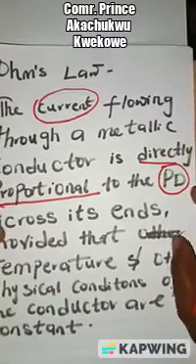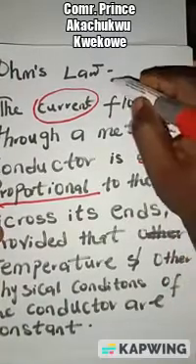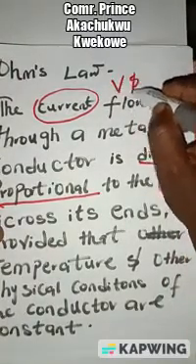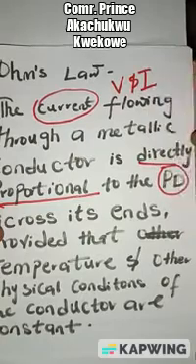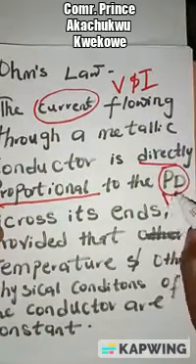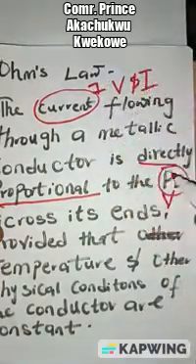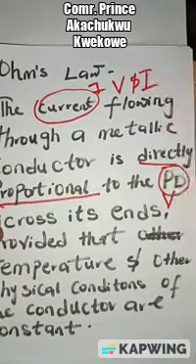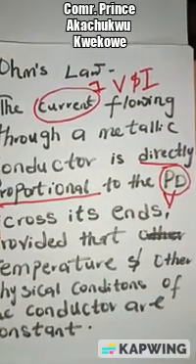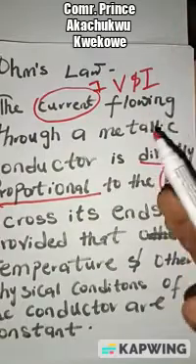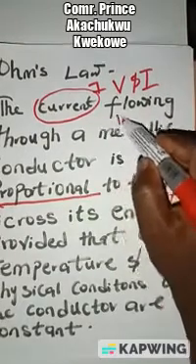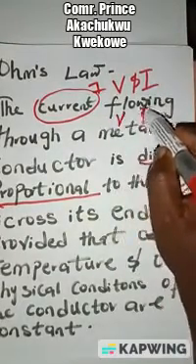You recall I told you that Ohm's law is just about V and I. You understand? Okay, this is V and this is I. And in the mathematics on the previous sheet you saw, it was said that V and I are related.